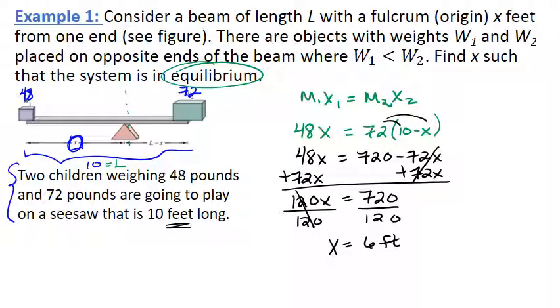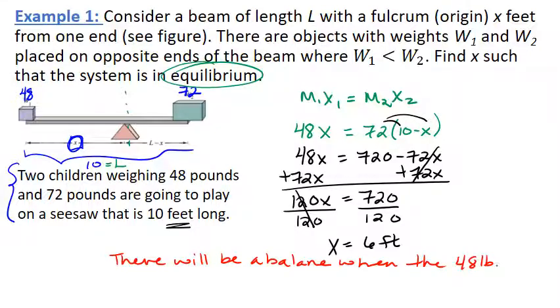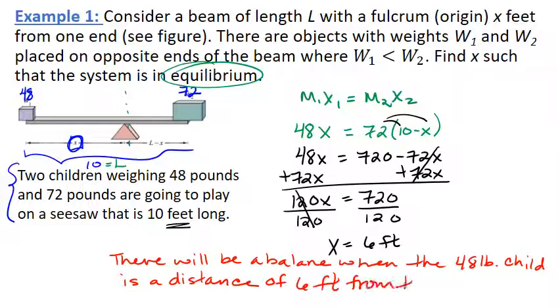So since we are asked to find an x such that the system is in equilibrium, what this means is there will be a balance when the 48-pound child is a distance of 6 feet from the fulcrum, or the center.